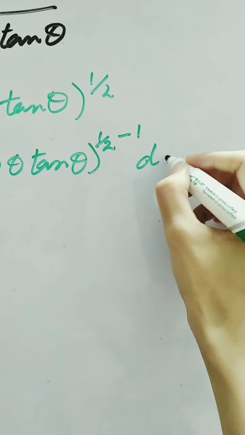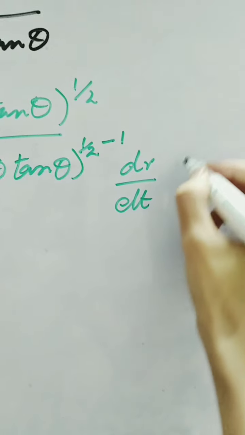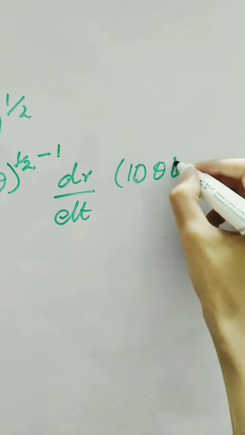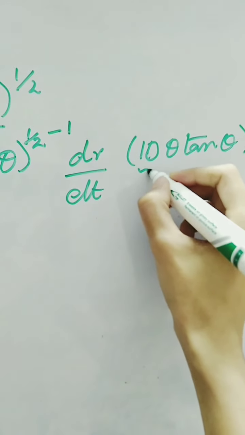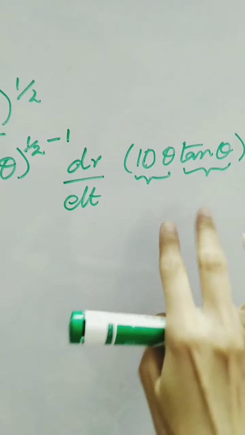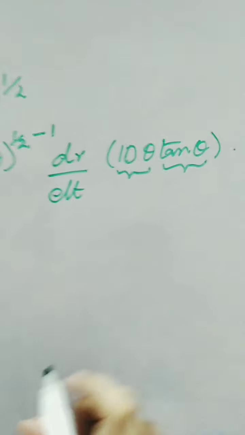Now we further take the derivative of this expression, which is theta and tan theta. Here we will consider theta as the first variable and tan theta as the second for the product, and we'll apply the product rule here.